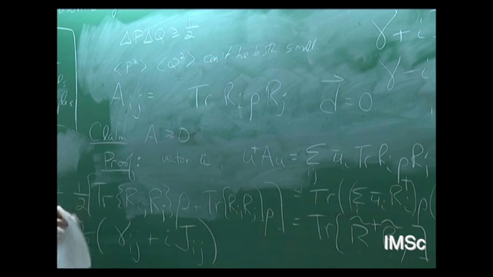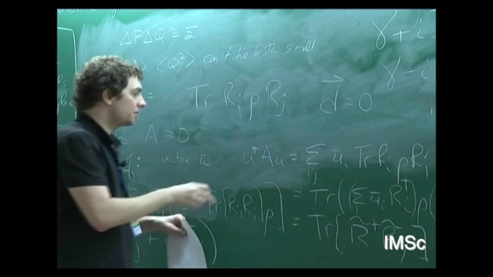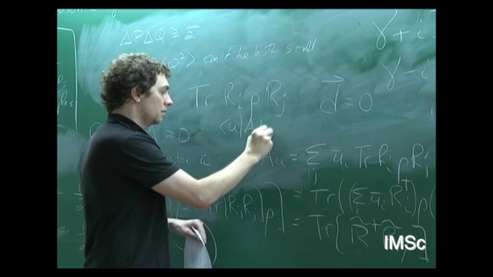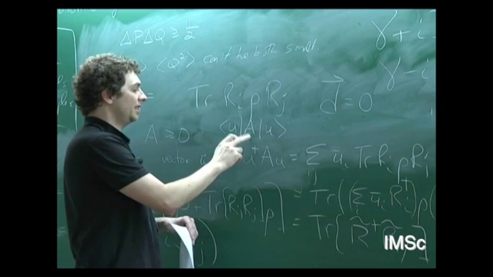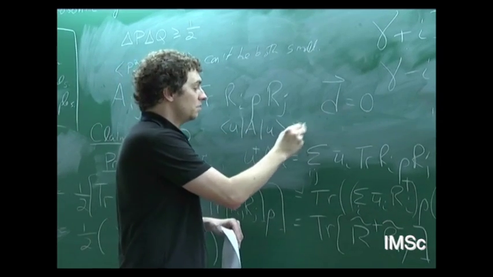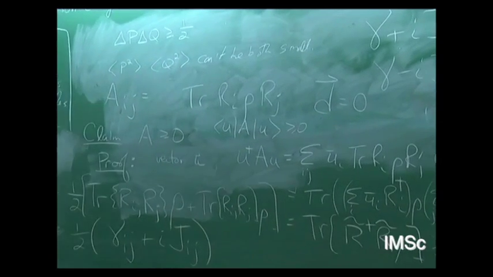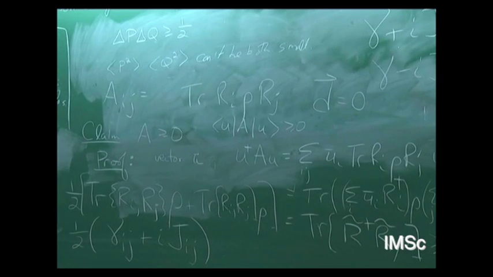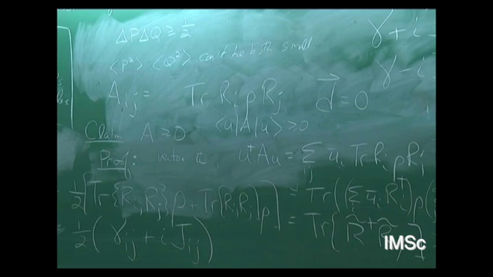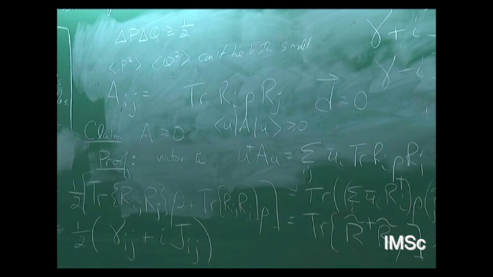So in order to show it's positive semi-definite, we show that for any vector u, when I compute the expectation of A with respect to these u's, the result is positive. Unlike the R vectors, the u vector is a c-number vector. Yes, the u's are just complex vectors. They're not operators.